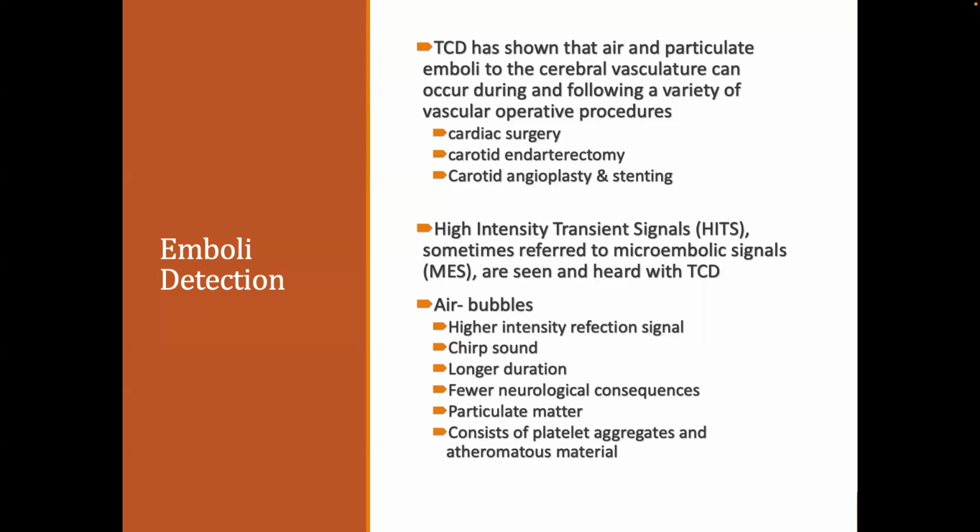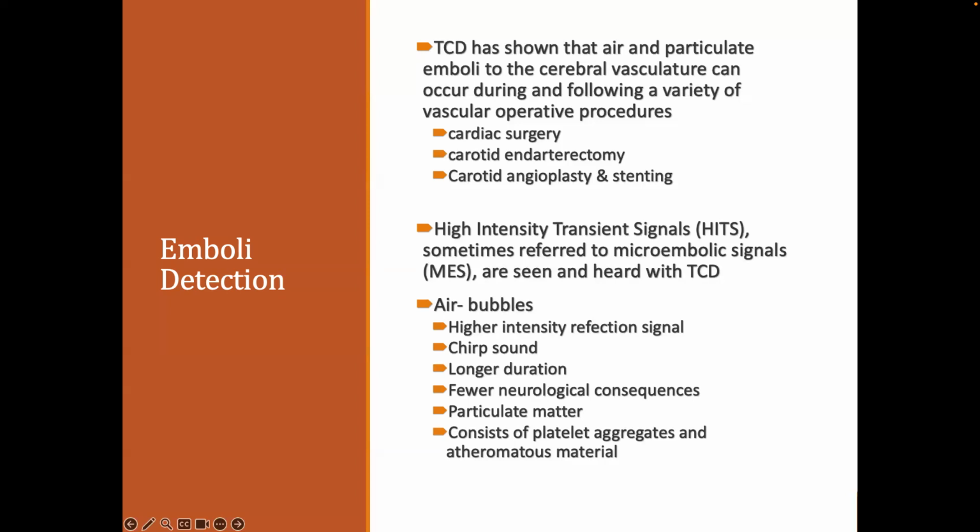Air emboli seem to have fewer neurologic consequences than particulate emboli. That particulate matter is made up of platelets, atheromatous material, or a combination of both. The ability to differentiate between air and particulate emboli isn't really that great yet, or wasn't that great when the book was published.